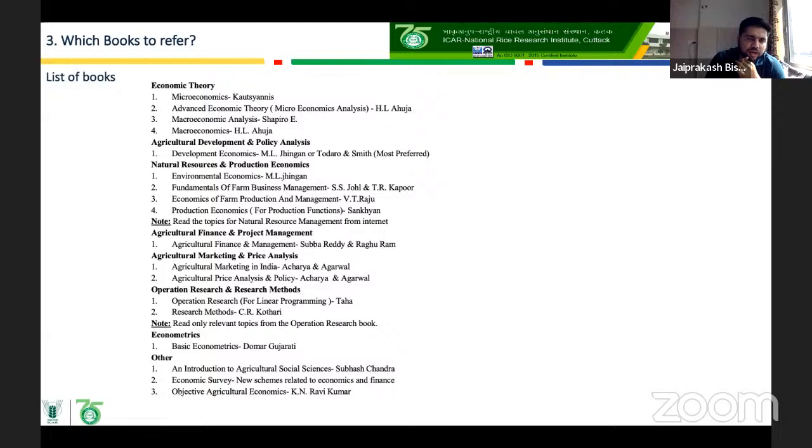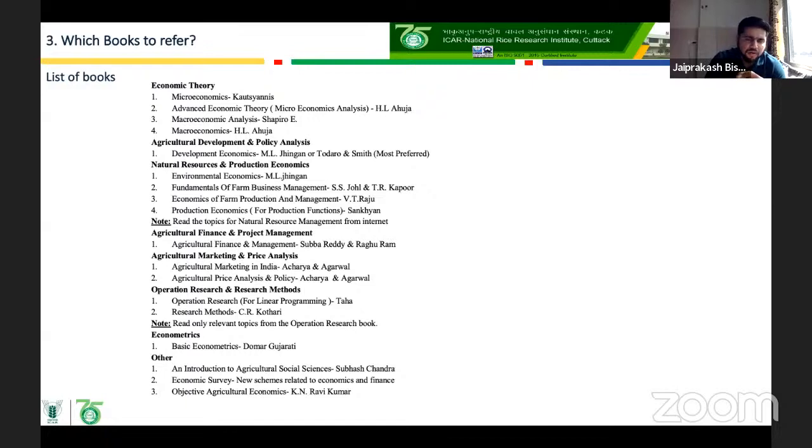There is one book on operations research by Taha. I think this book is also available online, and for those who want it, I can forward this book to you. You can refer to only the linear programming portion from this operations research book.